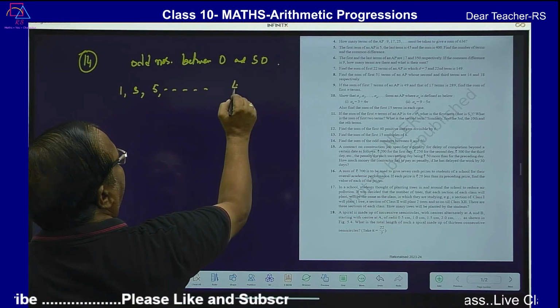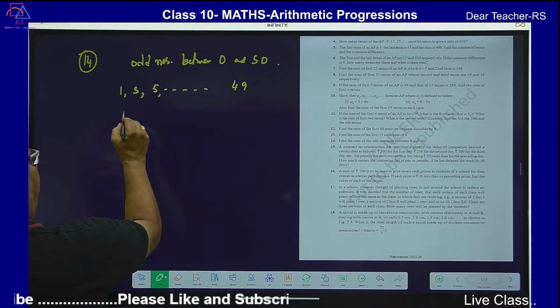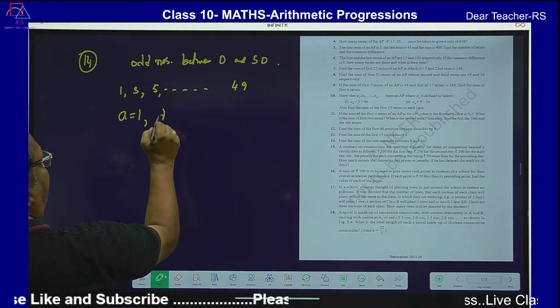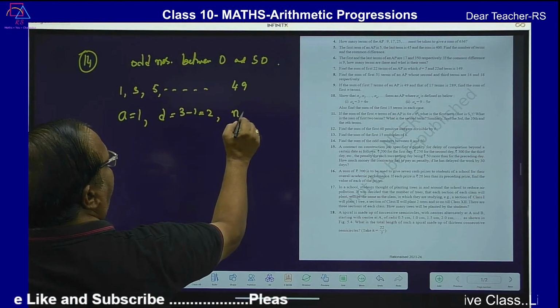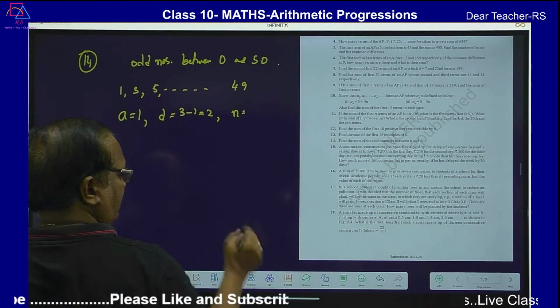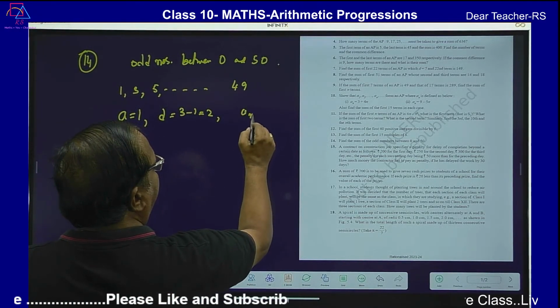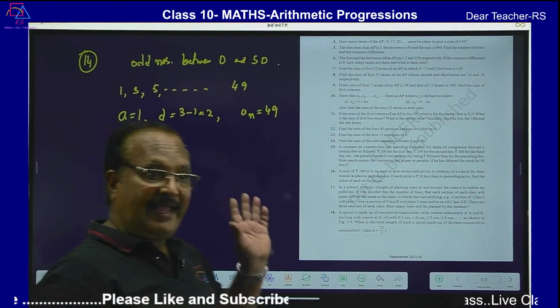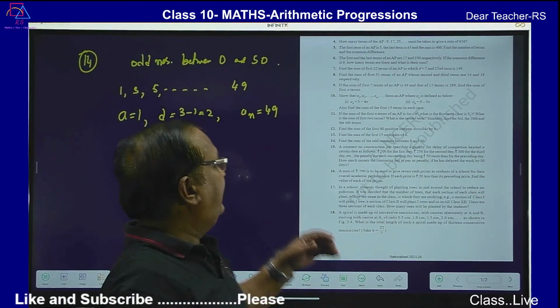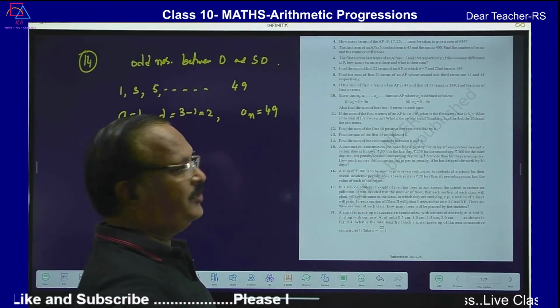Last odd number is 49. So here a is equal to 1 and d is equal to 3 minus 1, 2, and n is equal to how much? Last term. an is equal to 49. It is not n is equal to 49. Nth term is 49. So an is equal to 49.